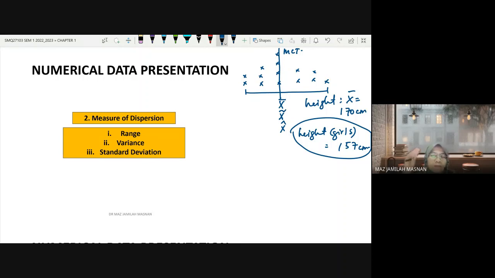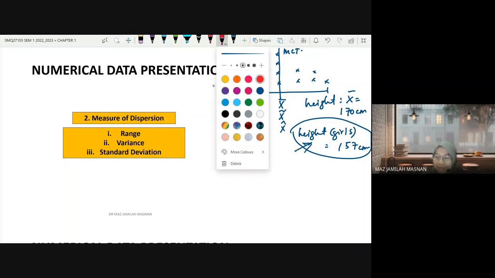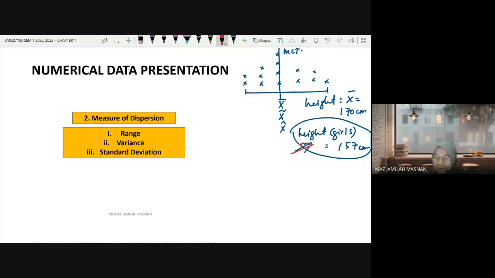Why is measure of central tendency not enough to describe the data that we have? Someone, please. The answer is here.